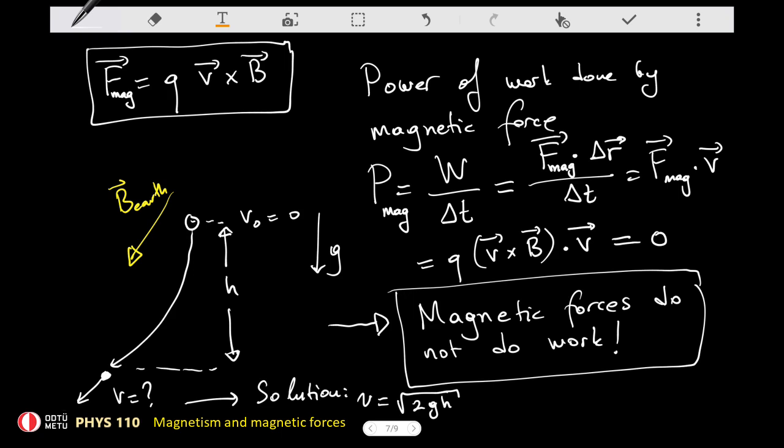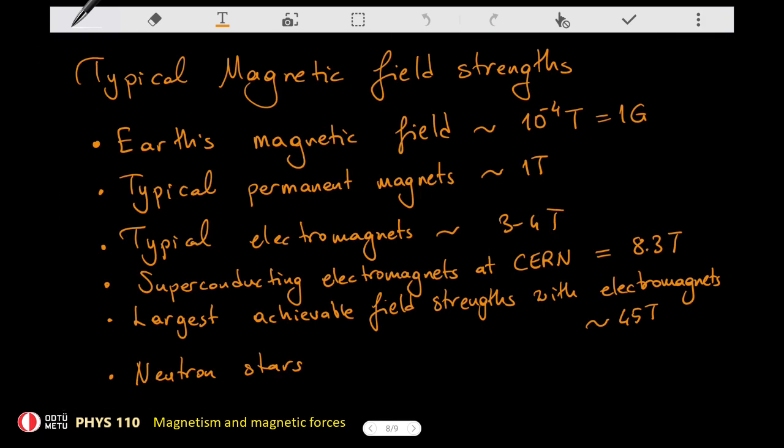Okay, so let's then talk about the typical magnetic field strengths. We have defined the unit Tesla. In terms of Tesla, what are the typical magnetic fields? Earth's magnetic field is one of the things that we actually consider a lot, especially when we are doing lab work with magnetic fields. We should always keep in mind that there's also a contribution coming from the Earth's magnetic field.